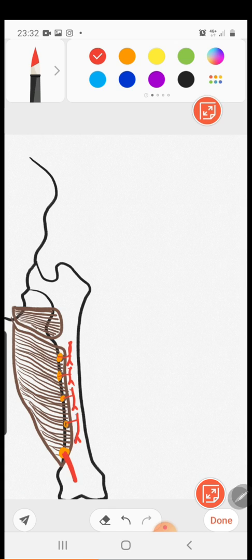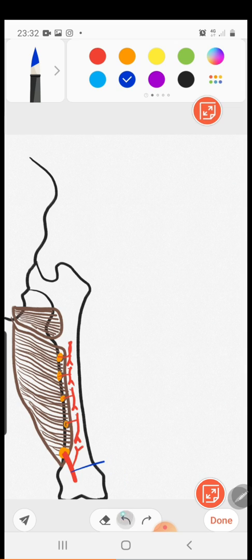What happens to the descending branch of the last perforator? That is going to anastomose with the superior muscular branch of the popliteal artery. This is the popliteal artery. This is the superior muscular branch of the popliteal artery that is going to anastomose with the descending branch of the fourth perforator.